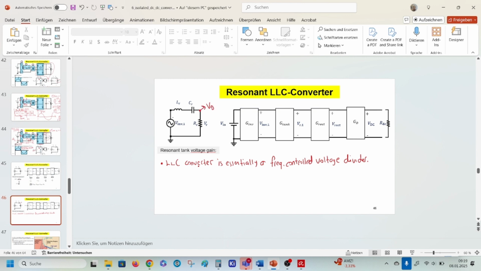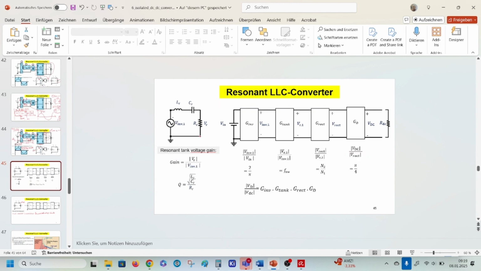This is my output voltage, and we said that the gain is actually, maybe we should write here instead of DC or here, input voltage.